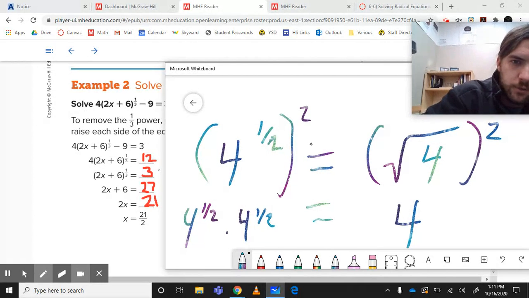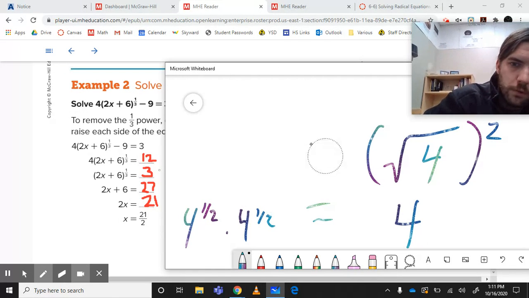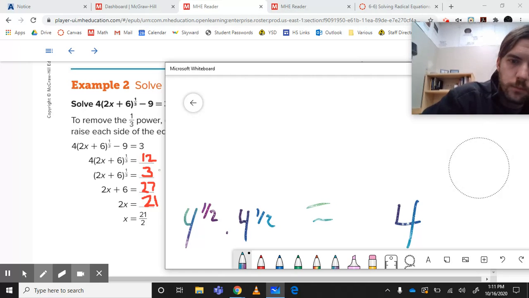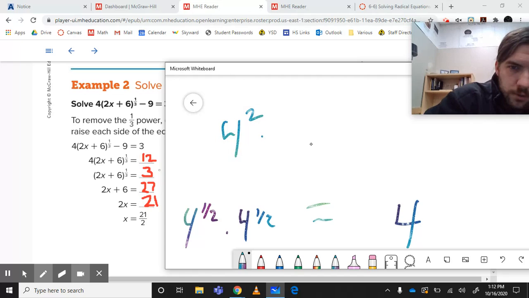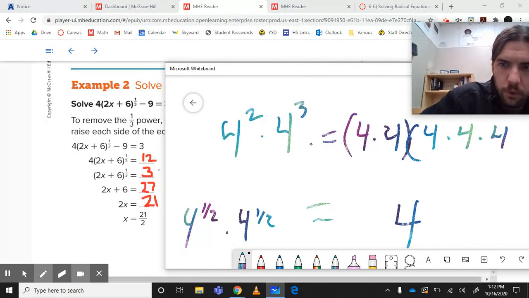Let's try something else. What if I had 4 squared times 4 cubed? What would that be? That would simply be 4 times 4, 4 squared, times 4 times 4 times 4, 4 cubed.